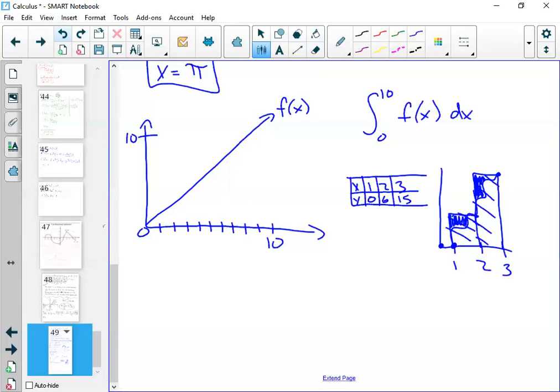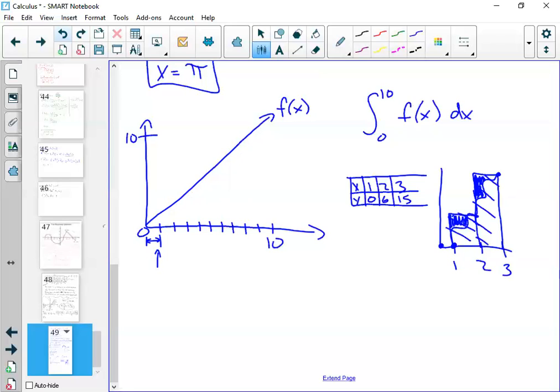All it means is take your x spacing, so in this case we're spaced by 1, and if we are going to do a right Riemann sum, you start from the right end of that space.